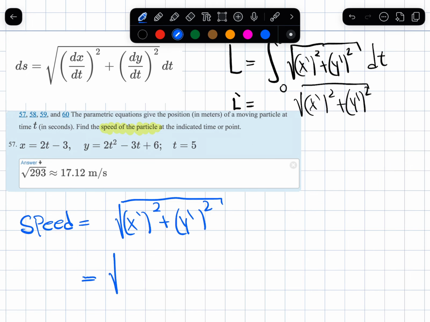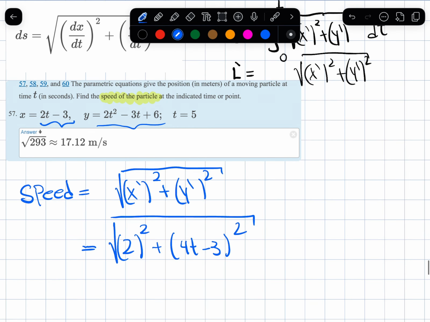So if you go back and just do x prime being 2, and that's squared, plus y prime, this is your y, being 4t minus 3 squared. This is going to be the speed of the particle.